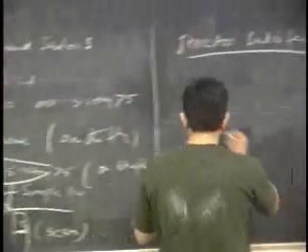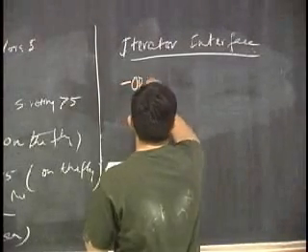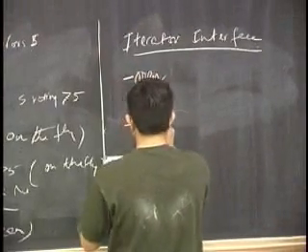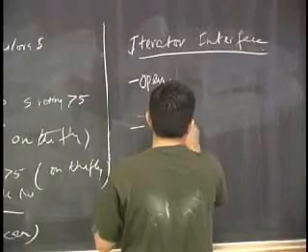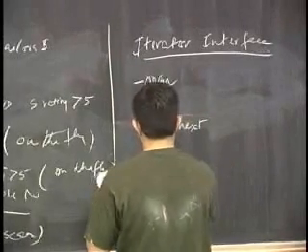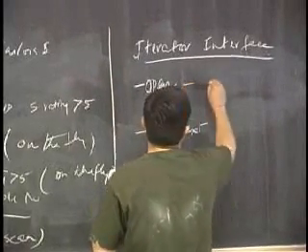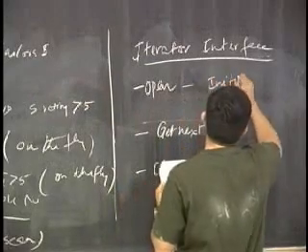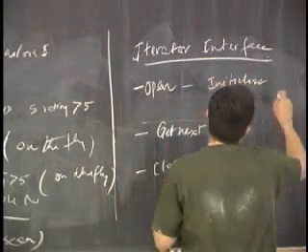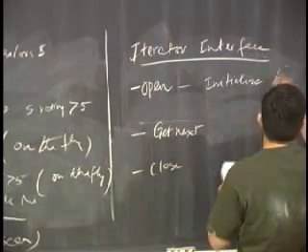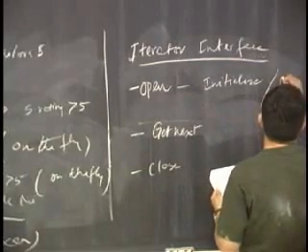So you have the functions open, get next, and close. Open is going to initialize and allocate buffer memory.